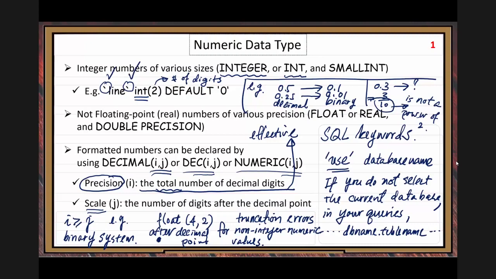In that way, you should be careful, because in some applications, for example, in the banking industry, you need to use non-integer numerical values to represent money amounts, right? Then, in your representation, you may have very small truncation errors.